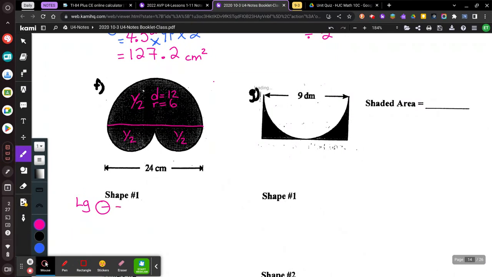So we're going to have r squared, 6 squared times pi divide 2. Why am I dividing it by 2? Because it's only half a circle. Exactly. And that's going to give us 226.2 centimeters squared.